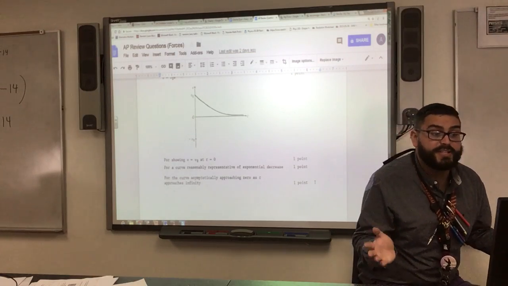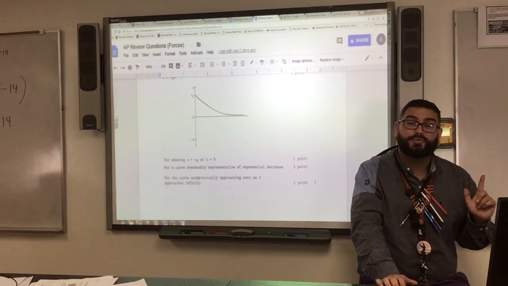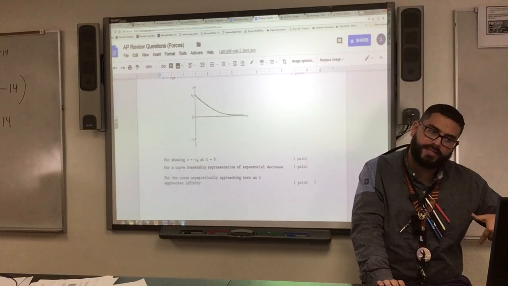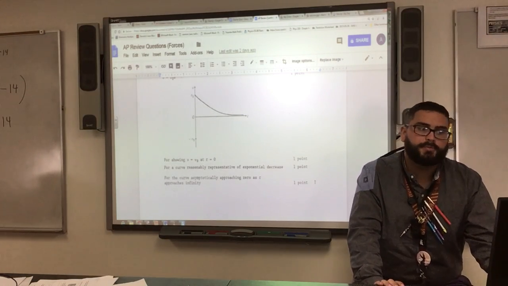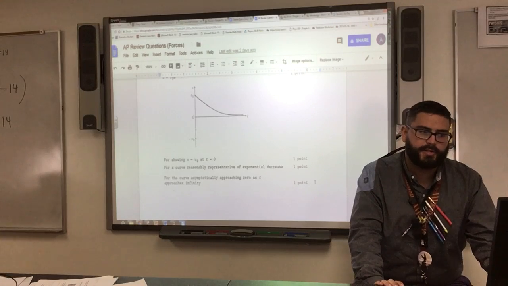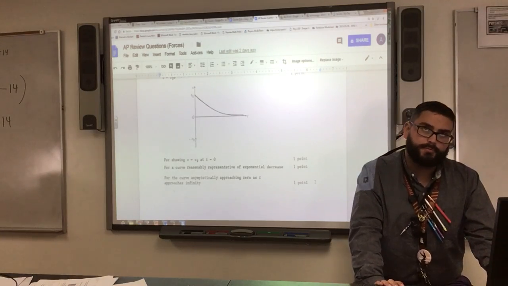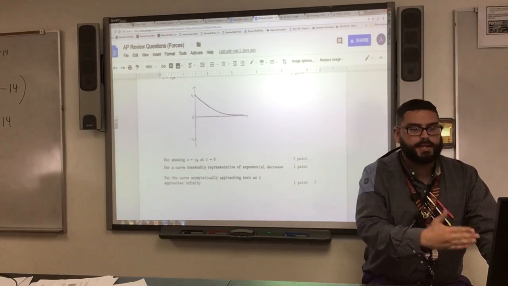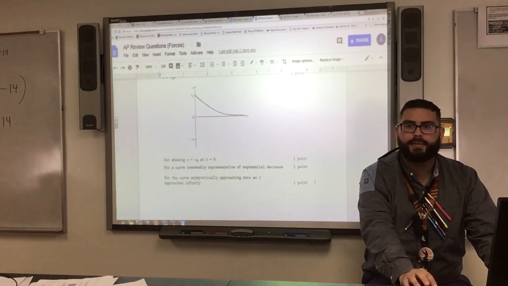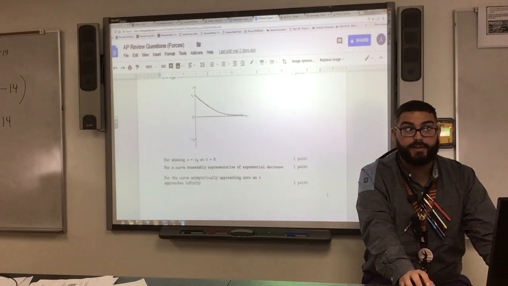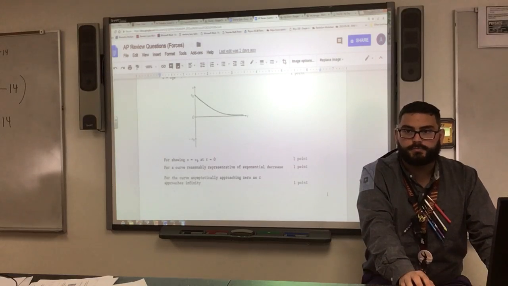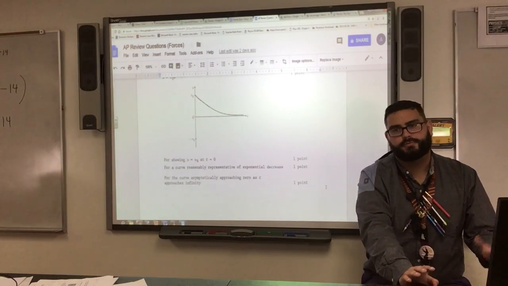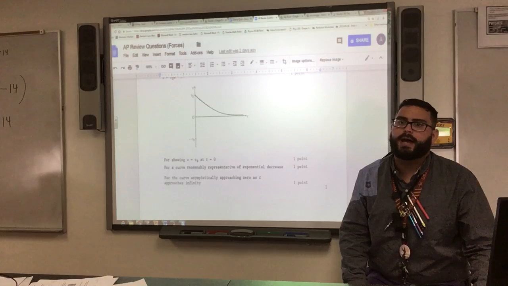I would actually put the third point as part of the second point, because reasonably representative of exponential decrease also, to me, means that it should approach 0 as time goes to infinity, because that's a very key characteristic of an exponential function. Not necessarily 0 with some shift. Okay, yeah, very true. A non-shifted exponential function.